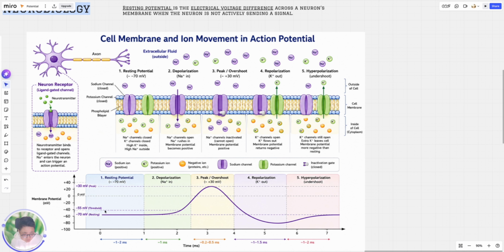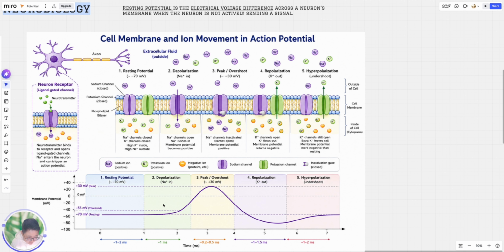And hence it will trigger this action, which is from phase 1 resting potential to phase 2 depolarization, and then maybe peak. But depolarization is actually a very important phase because we have a threshold of minus 55.